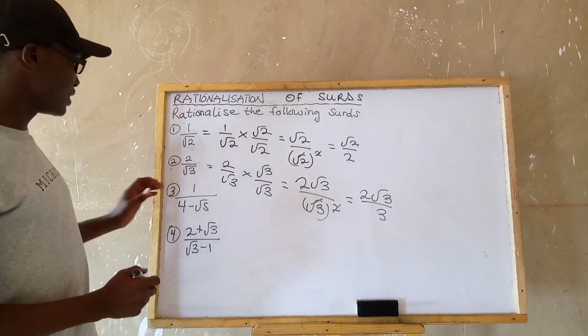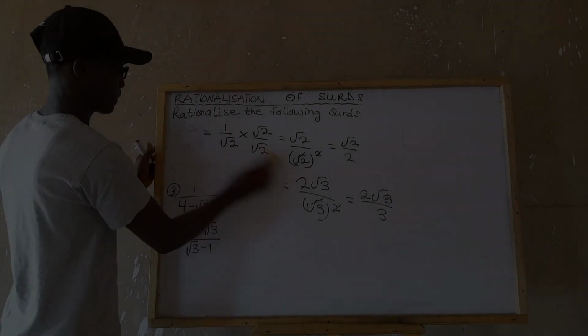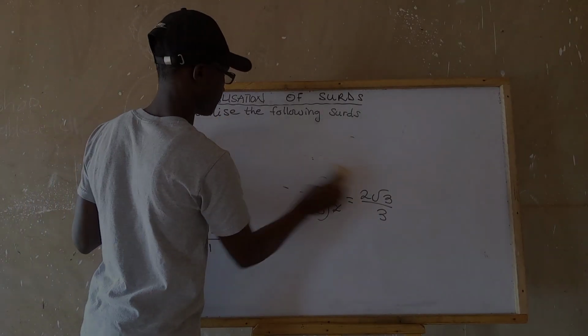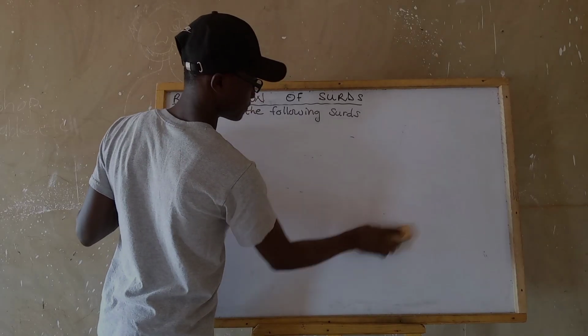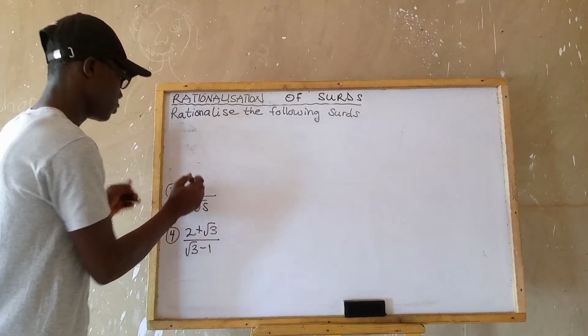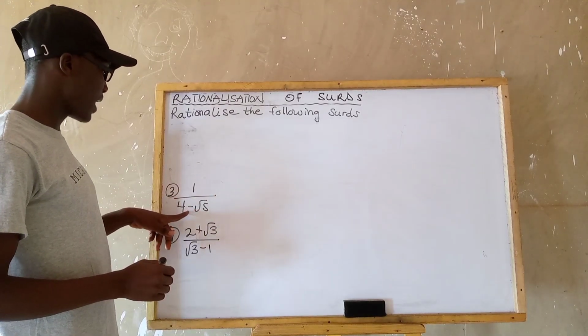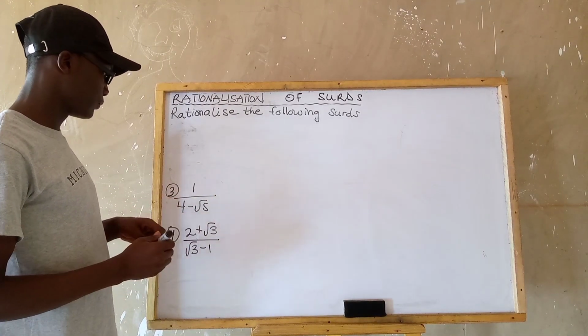Now let's look at these ones. So here we have 1 over 4 minus root of 5.